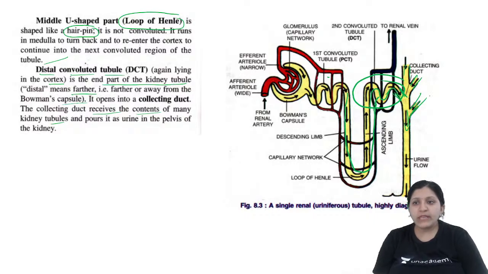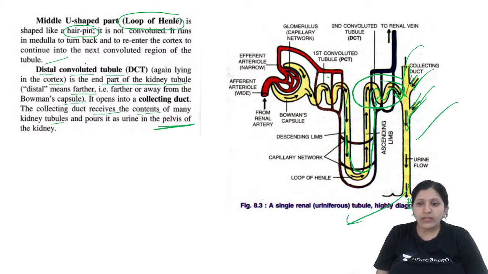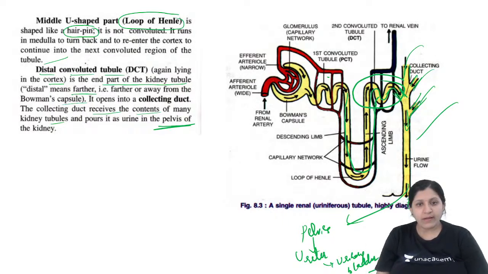From everywhere it receives urine, and it pours it into the pelvis. Then from the pelvis it enters the ureter, and from the ureter it enters the urinary bladder. This is how the functioning occurs.